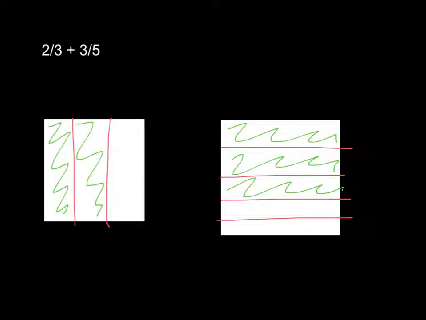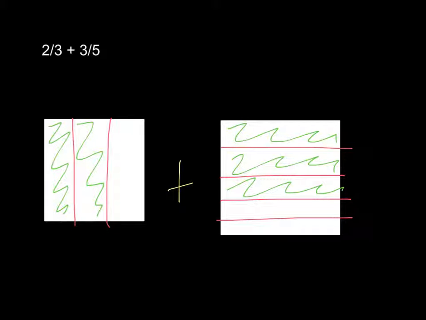2/3 plus 3/5. Once again, we're going to estimate: 2/3 is greater than 1/2 and 3/5 is greater than 1/2. So we know we're going to need at least 2 rectangles. Again, I'm going to start with my rectangles. I'm going to have my 2/3 plus 3/5. Okay.